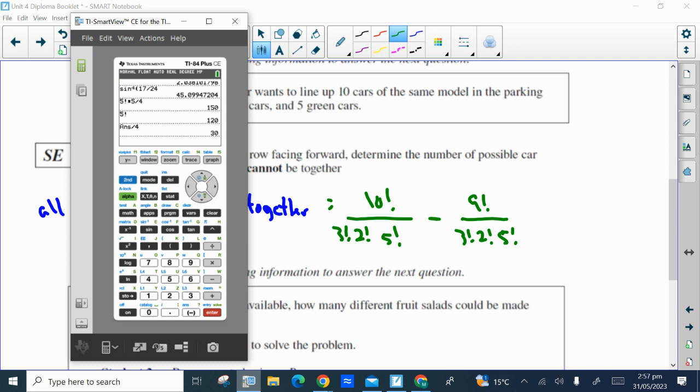Now you could simplify this, but let's just figure it out. 10 factorial divided by, in brackets, 3 factorial is 6 times 2 factorial is 2 times 5 factorial, which is 120.